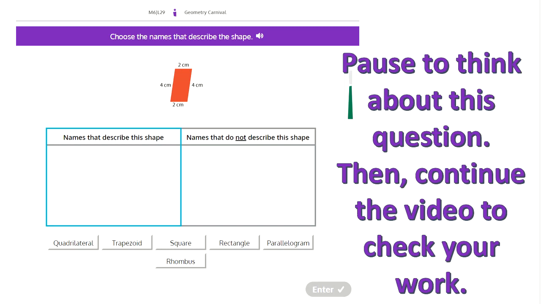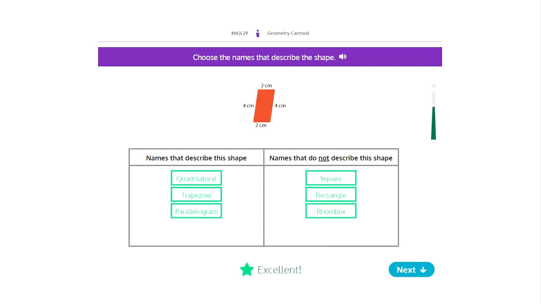Go ahead and pause. Develop your answer. When you are ready, unpause to check your work. So you should have had quadrilateral, trapezoid, and parallelogram as names that do describe this shape, and square, rectangle, and rhombus as names that do not describe this shape.